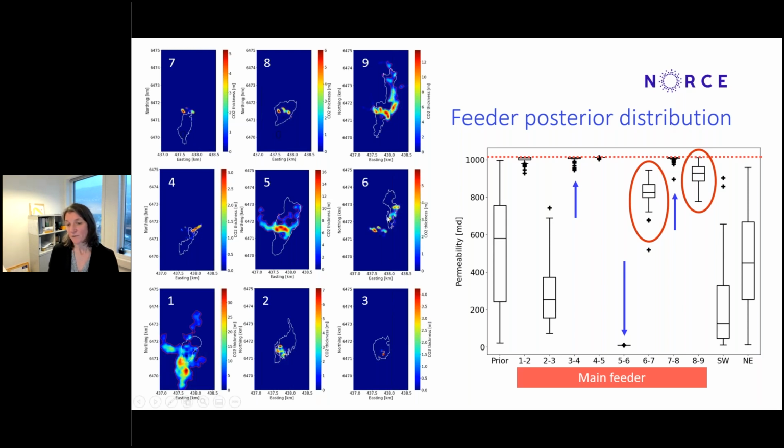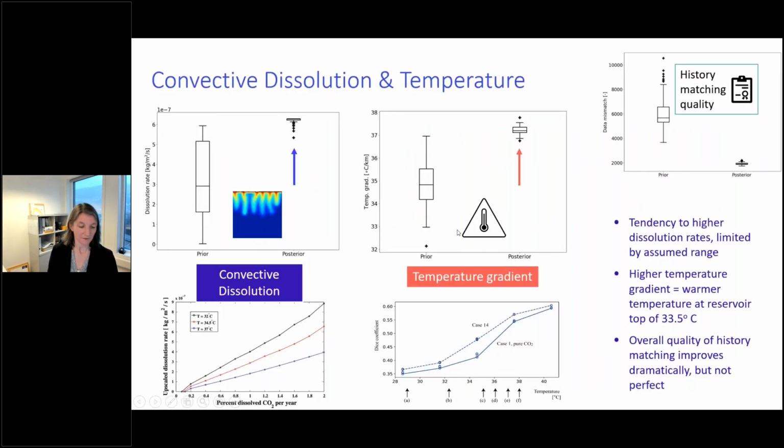Just to say, for the other two feeders, the southwest and northeast, the uncertainty is still too high to say whether or not we've landed on anything there. As far as convective dissolution, really quickly, and the temperature gradient, we see again the movement from the prior to the posterior.